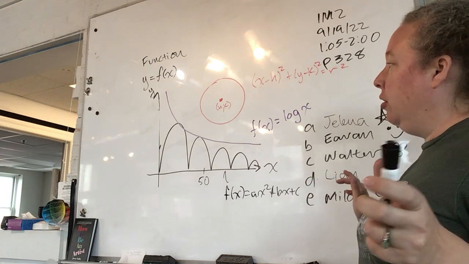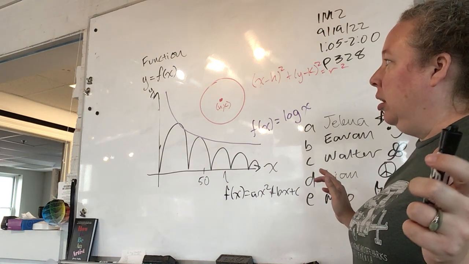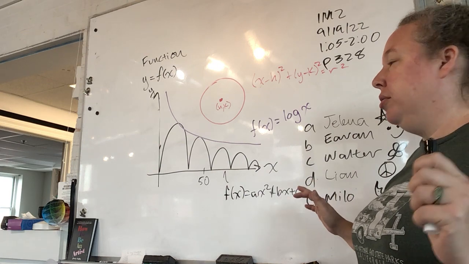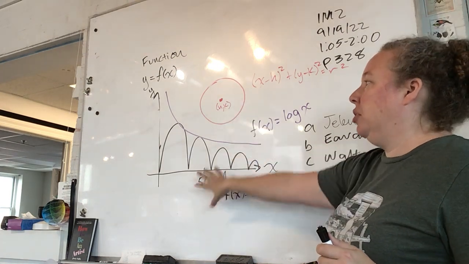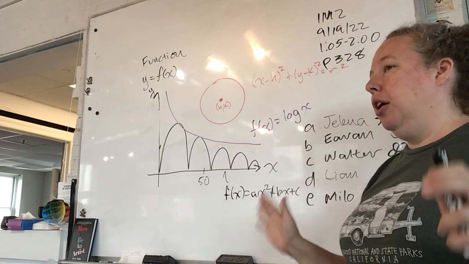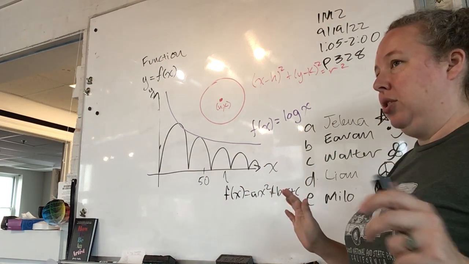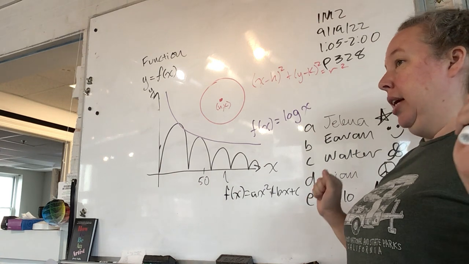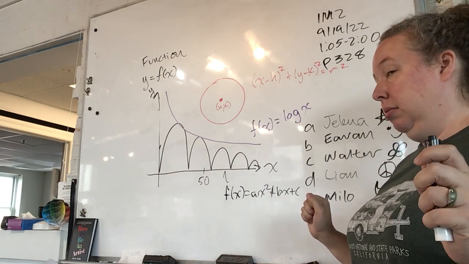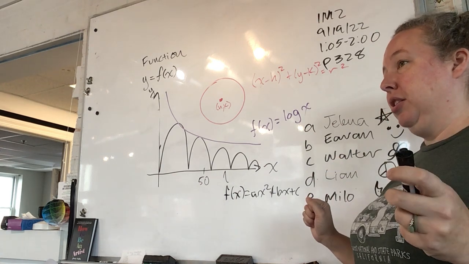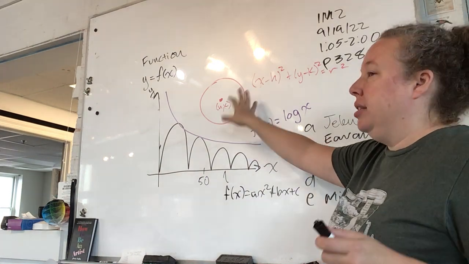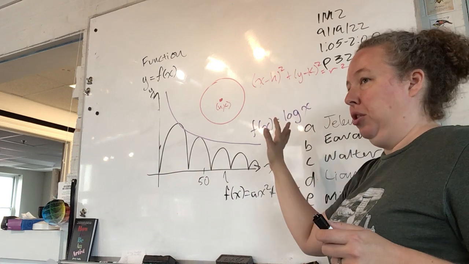So what I'd like you to do is take a couple minutes to jot down what you see in these three graphs, what the similarities are, what the differences are, and see if you can identify which graph is not a function, what your guess is, and what about it is different from the other two.